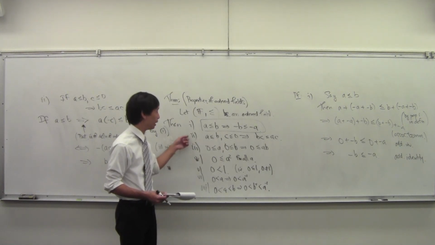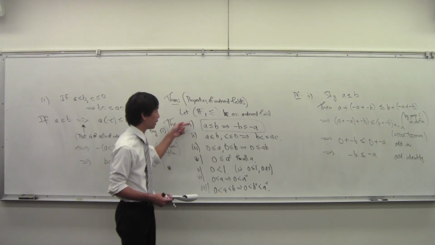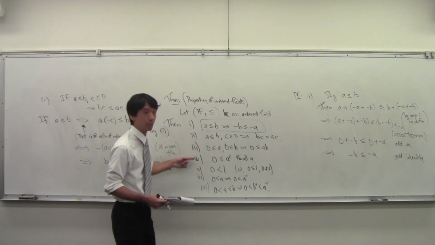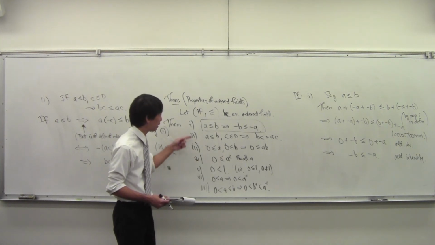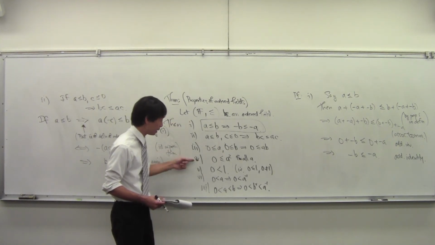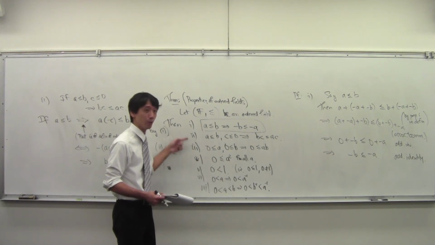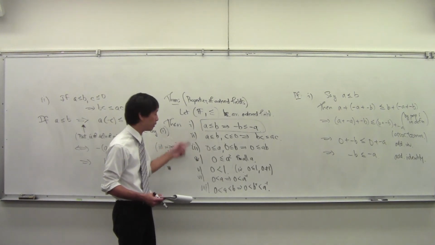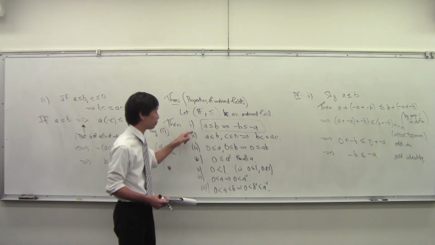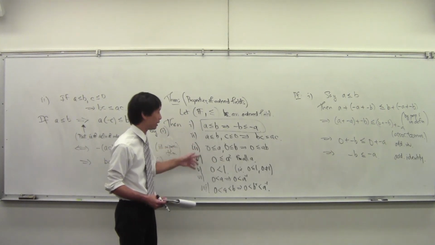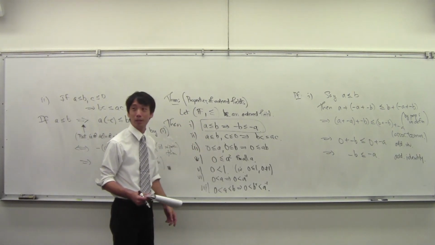If you found some way to prove a later fact directly, and your order is sound, that's fine. It doesn't matter. But the way they're laid out in the book, each one implies the next one. That's how they laid it out.